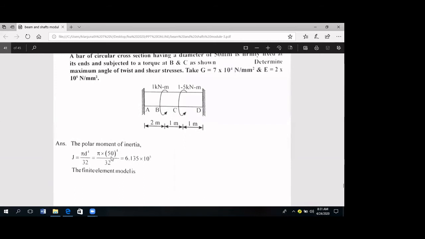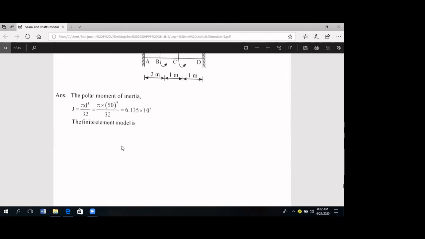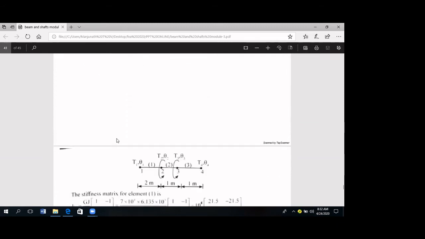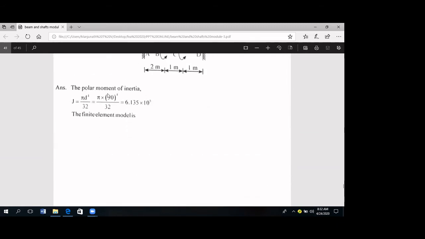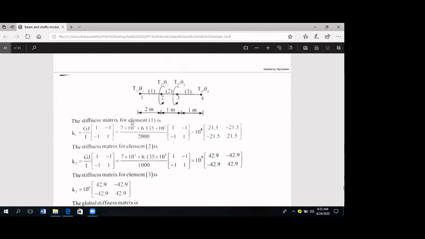Substituting 50, we get 6.135 into 10 to the power of 5 for the polar moment of inertia of the torsional bar. Then, after calculating it, write the finite element model.